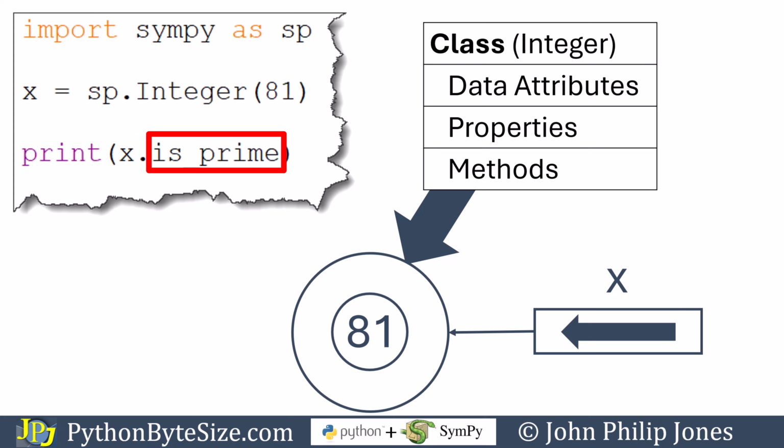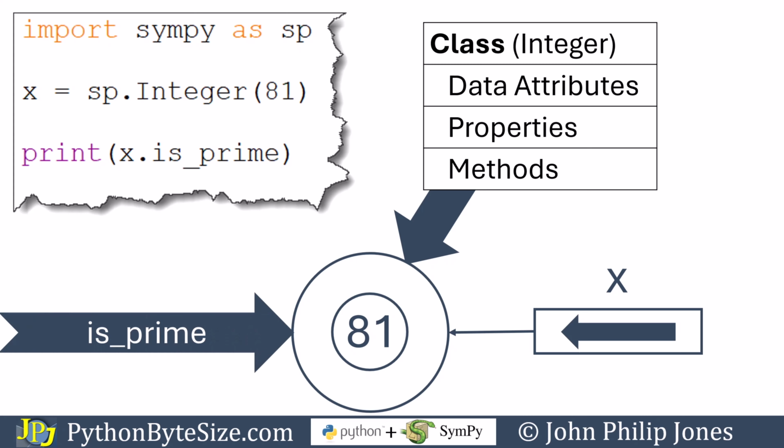This property will be accessed, and it's the property of this x, where x points to the object. Consequently, the diagram representation will show a message going to the object that x is pointing to. And what this will do, it'll invoke the property, which will do a little calculation to work out whether 81 is prime or whether it is not prime.